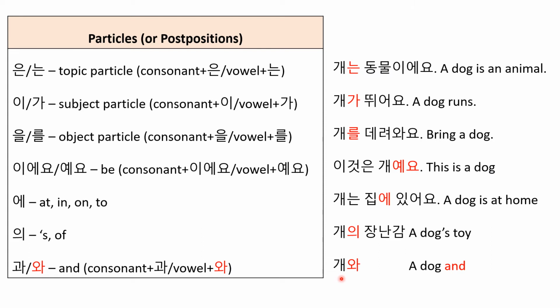A dog and. 고양이 means a cat. 개와 고양이, a dog and a cat. Remember that there are no articles like a, an, or the in Korean. So there is no article in front of 개 and 고양이.